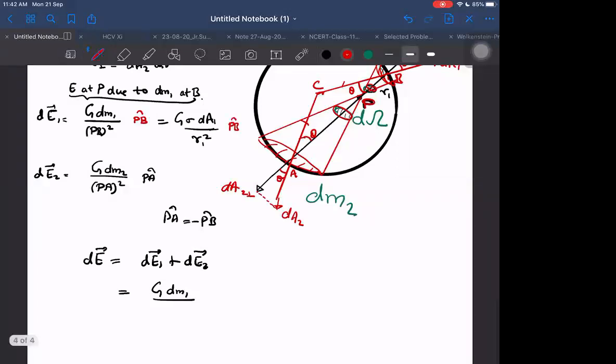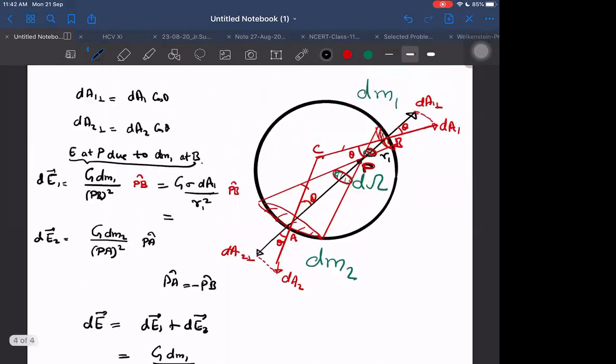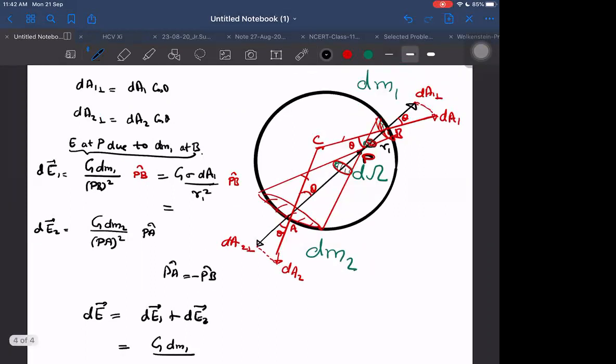Now we see here one thing, that dA1 can be written as dA1 perpendicular into secant theta, and the field is G into sigma upon R1 squared into dA1.